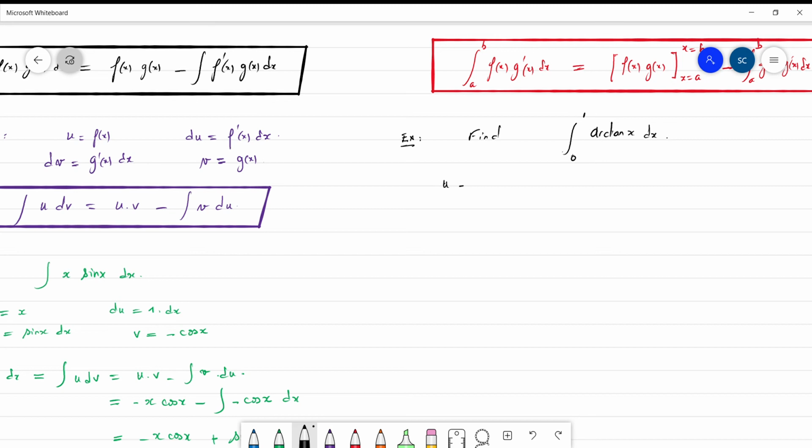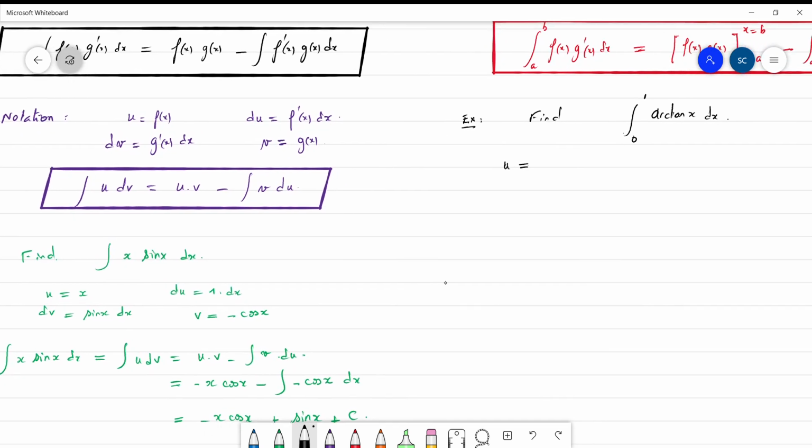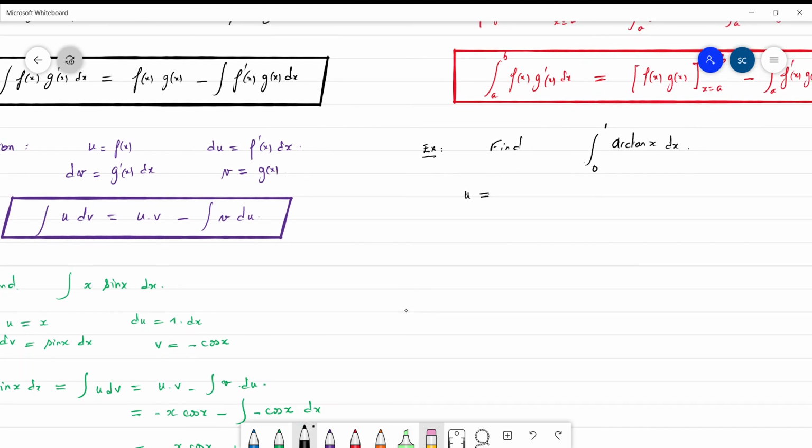We can use u and dv. Using this notation, we would have the integral from a to b of u dv equal to uv with x equal a to x equal b, minus the integral from a to b of v du.